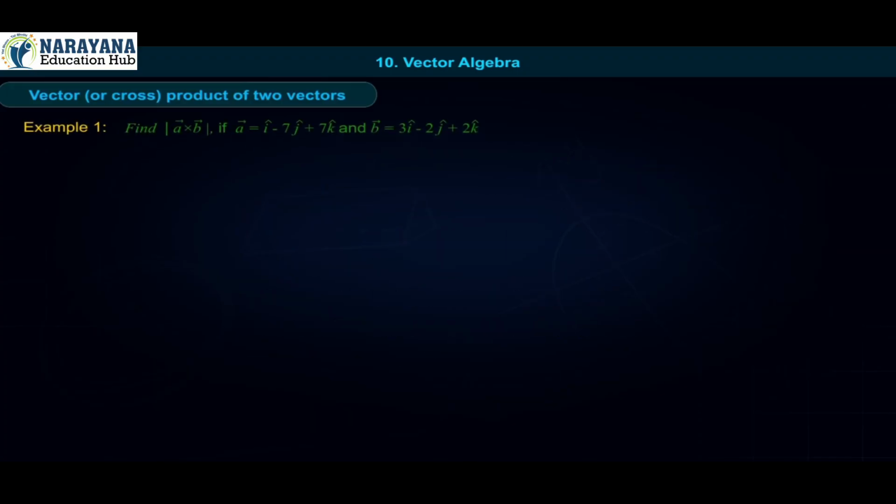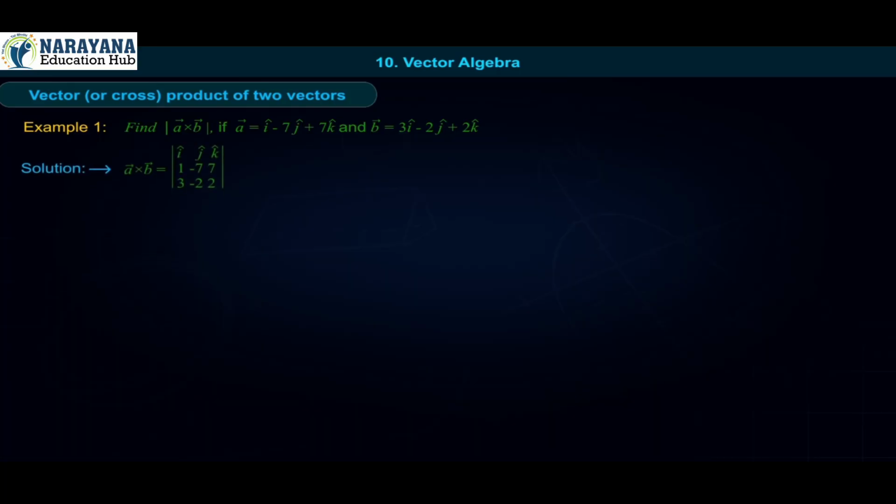Example 1. Find the modulus of vector A cross vector B if vector A is equal to i cap minus 7j cap plus 7k cap and vector B is equal to 3i cap minus 2j cap plus 2k cap.